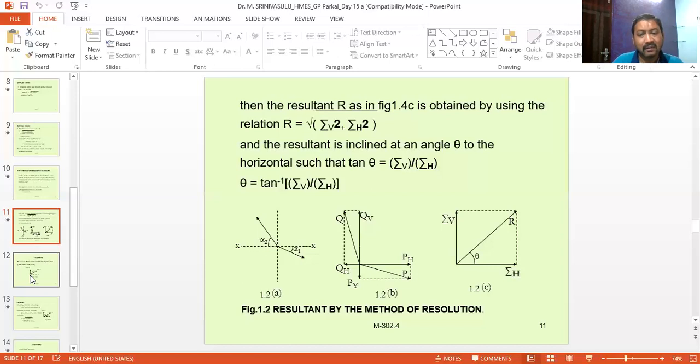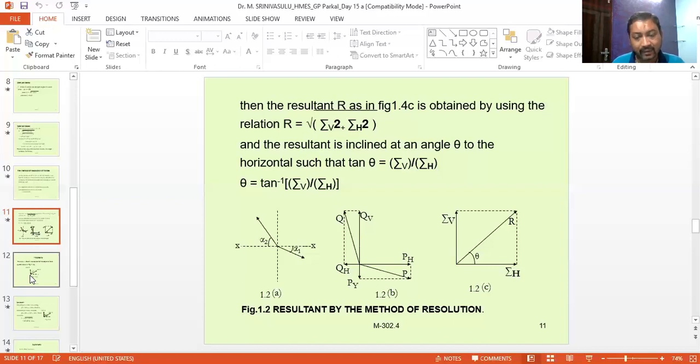So here, we have converted all the forces into their horizontal and vertical components, and we found the algebraic sum, that is sigma h. Sigma h is parallel to the x axis, and sigma v is the algebraic sum of the vertical components of all the forces.